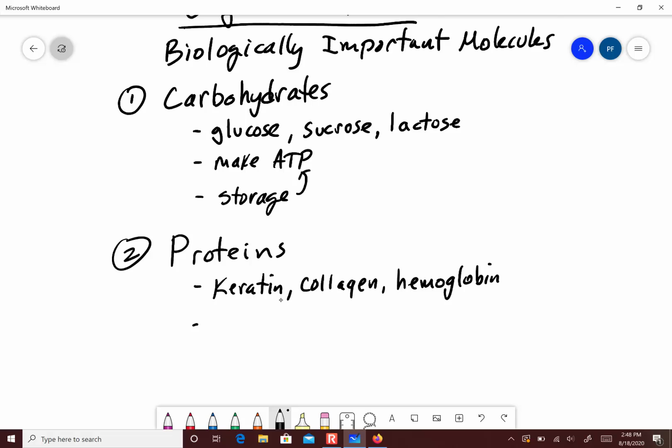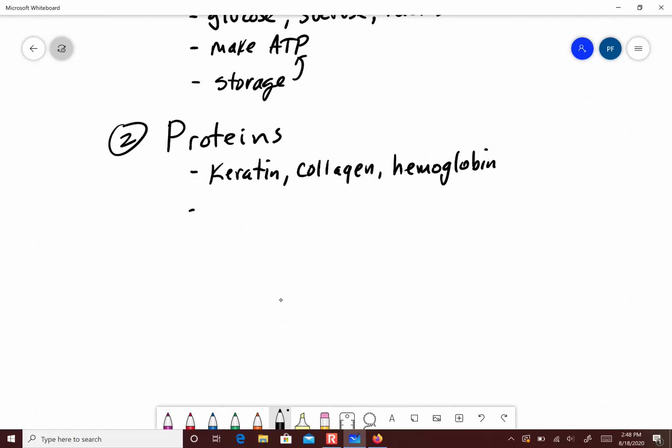Okay, and then functionally, a couple of big things we see with proteins. Not all of them, but some proteins are enzymes. And enzymes are things that help chemical reactions.